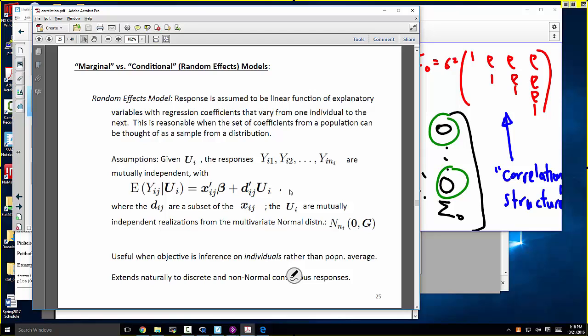So the whole model is a conditional statement. It's response given these random effects. That means our interpretation of the coefficients and the results have to have this given or conditional language involved.